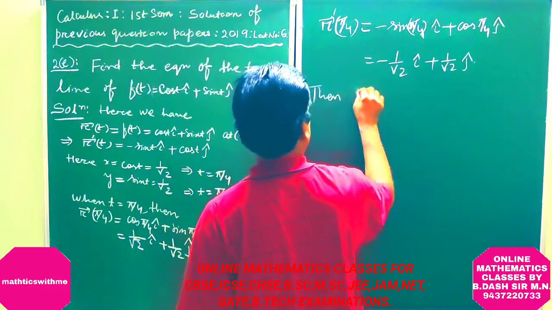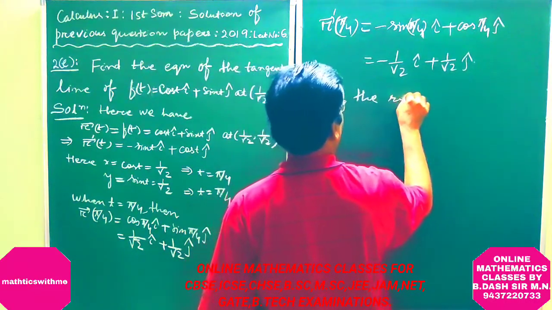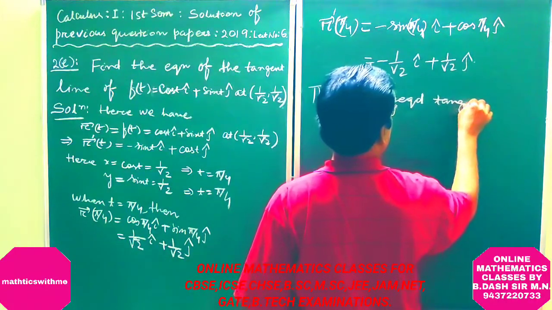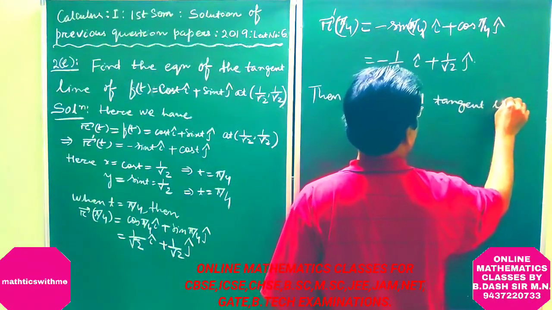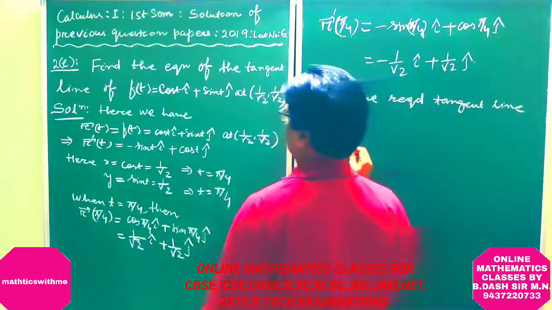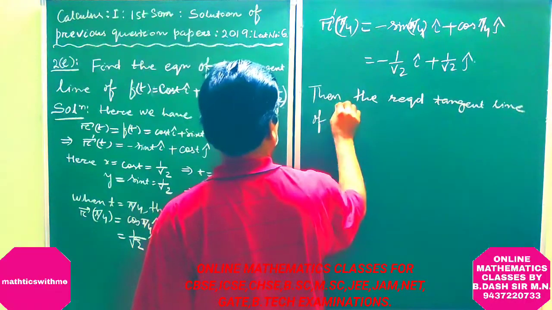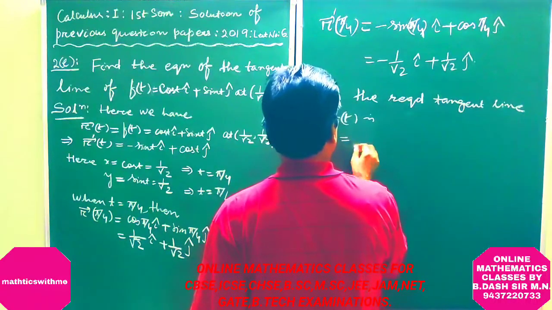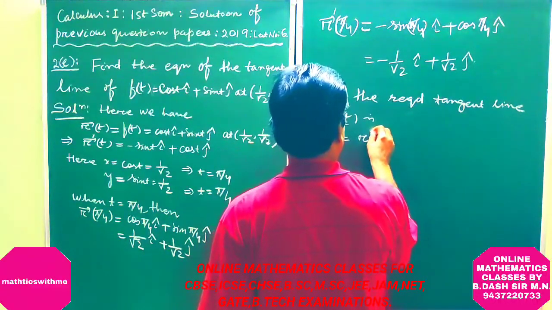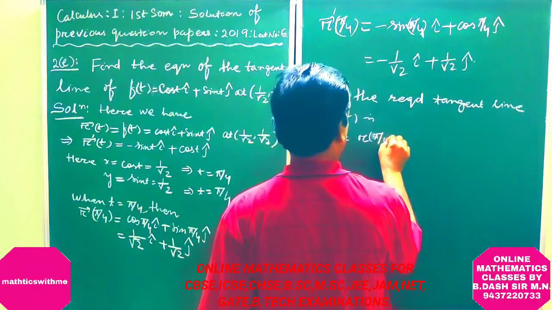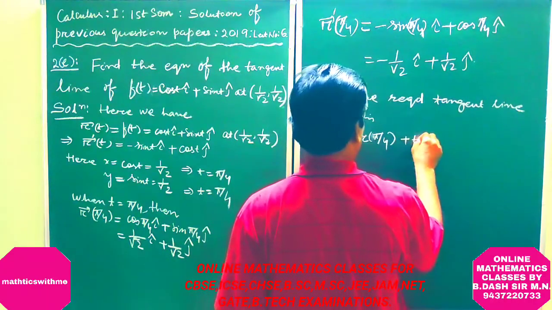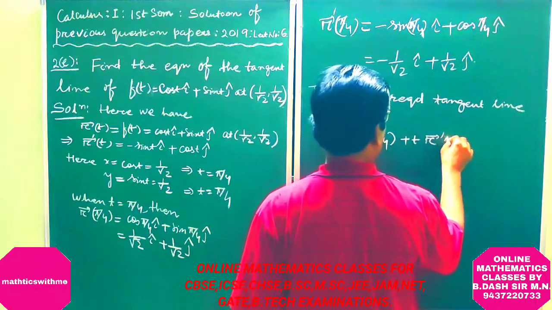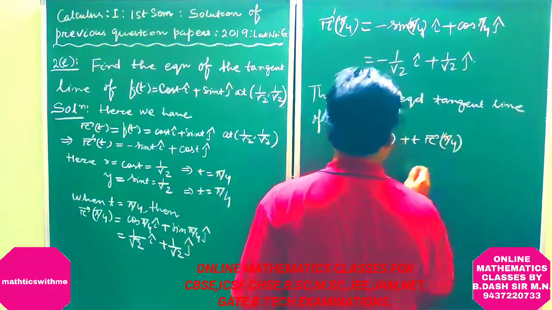Then the required tangent line of f(t) is equal to vector r(π/4) + t vector r'(π/4).